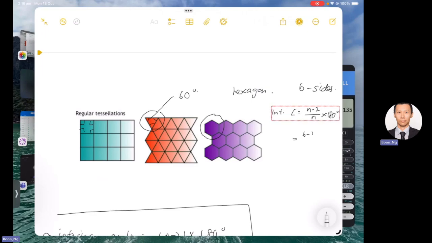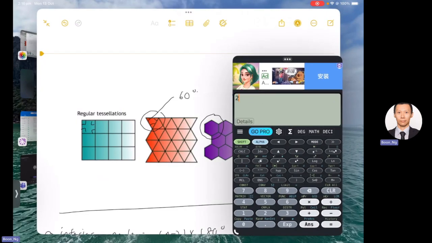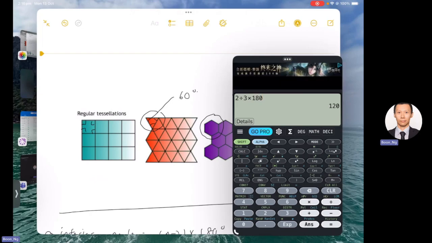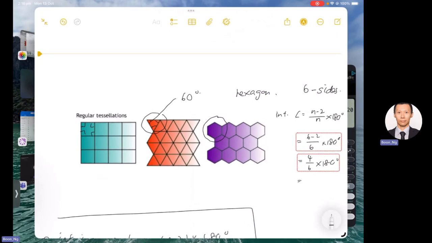So it'll be 6 minus 2 divided by 6 times 180. That is 4 divided by 6 times 180. So using a calculator, 2 divided by 3 times 180, that is 120.